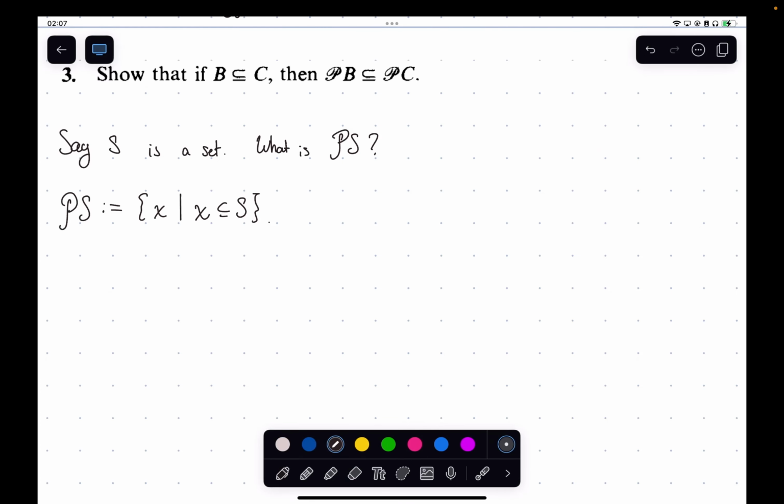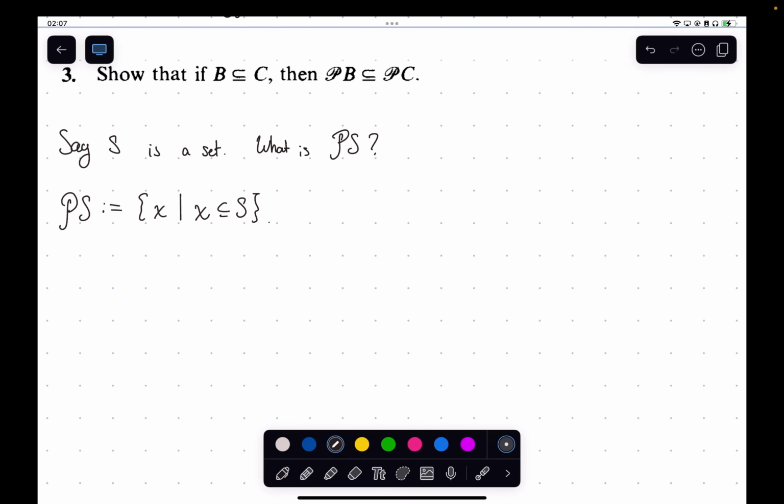So we suppose B subset of C is true. Why? I don't know. It just so happens that B is a subset of C. That's all I know. I don't know why, but it's just a fact, at least for the purposes of this proof.